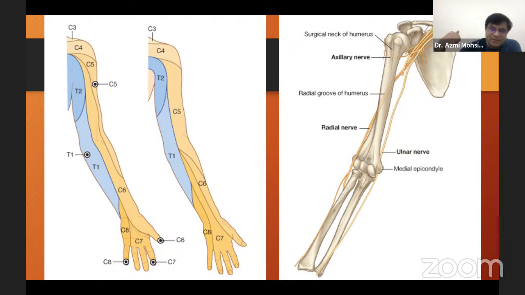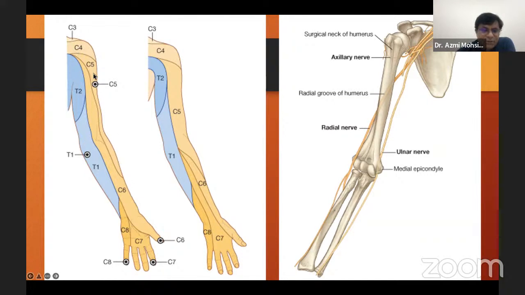Now, as I was telling, these nerves will spread along because as the limb buds enlarge, they take the corresponding spinal nerve, including the myotome, and then they spread and elongate. So that's how the spread of dermatomes occurs. You can see this is the preaxial border, the radial border.